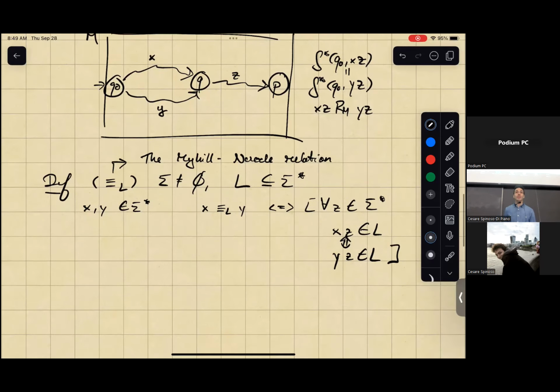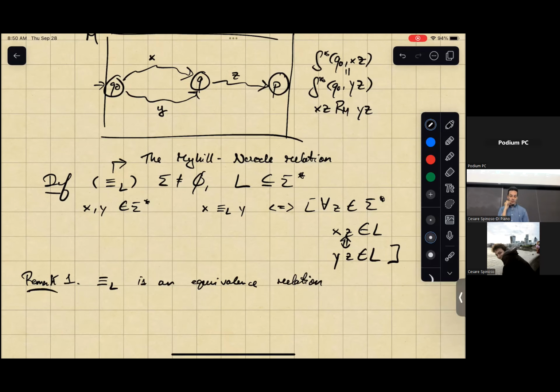So in assignment 1, question 2, you actually proved, hopefully you did it, that this relation, so I'll remark this, the Myhill-Nerode relation is an equivalence relation. So in this case, you don't even need to check it. You did it yourself on assignment 1.